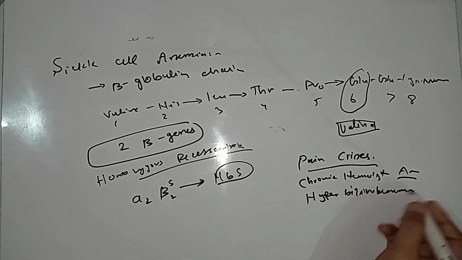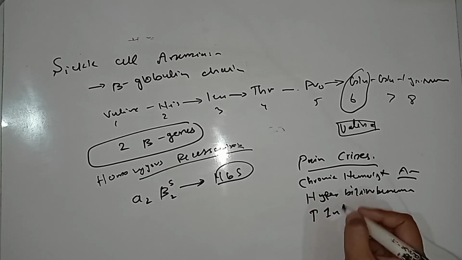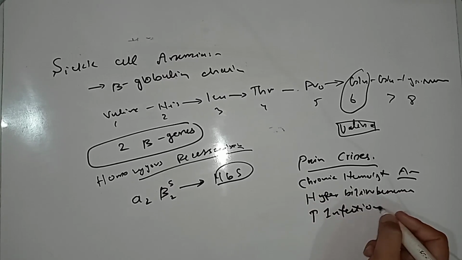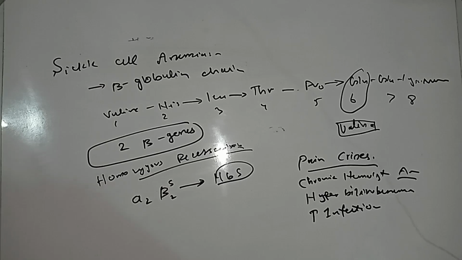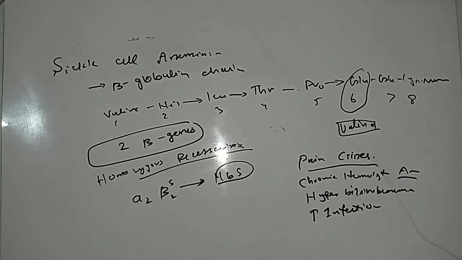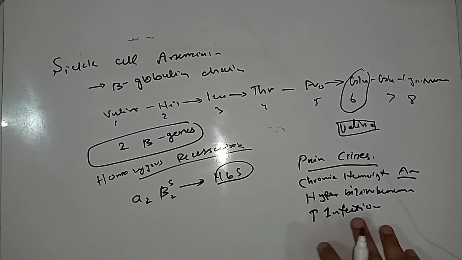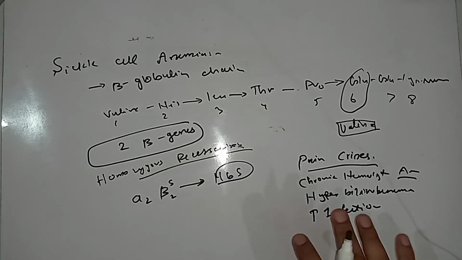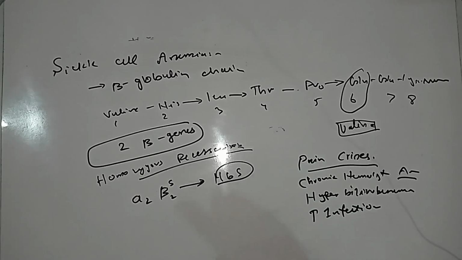There is increased risk of infections as the patient has defective immunity, because the patient's spleen is defective. There is autosplenectomy due to infarction of the spleen, and a compromised immune system, so there is increased risk of infections. Moreover, the transport of oxygen is defective, so the patient shows the typical symptoms of anemia.